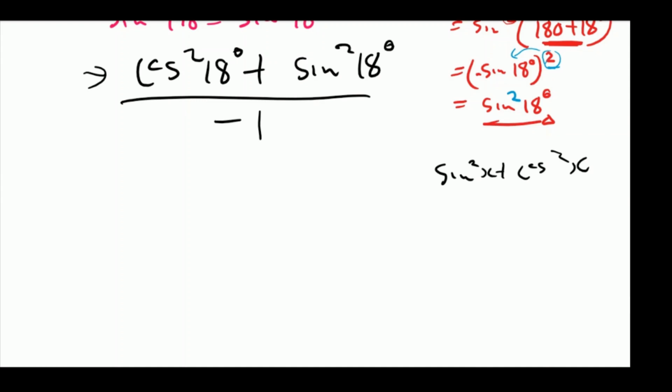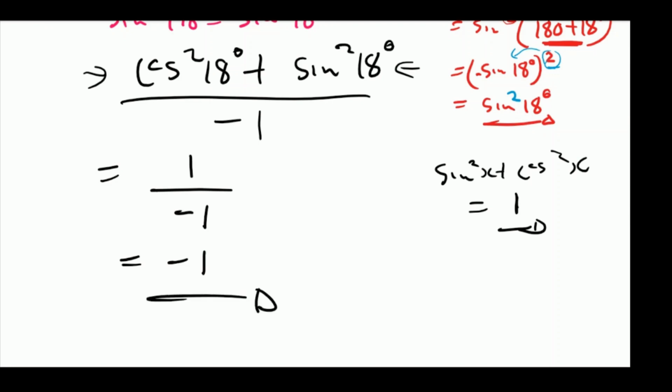It's the same expression, which is equal to 1. So the same thing applies here, because it's sine squared 18 plus cos squared 18, which is equal to 1. So you're just going to say the top is 1, the bottom is -1. So the solution is -1. This is the solution of the problem here.